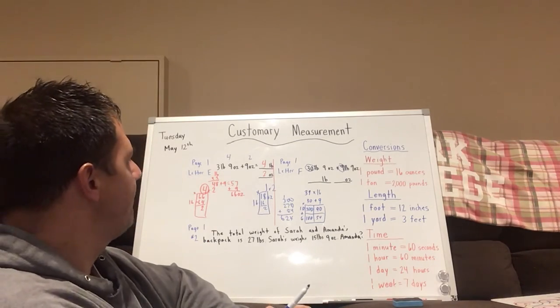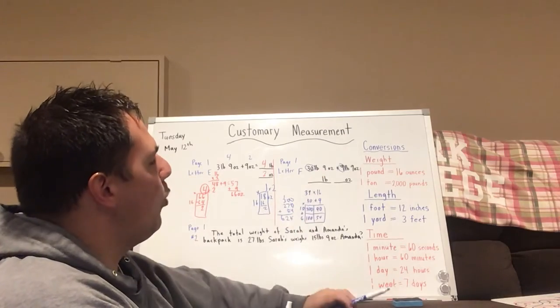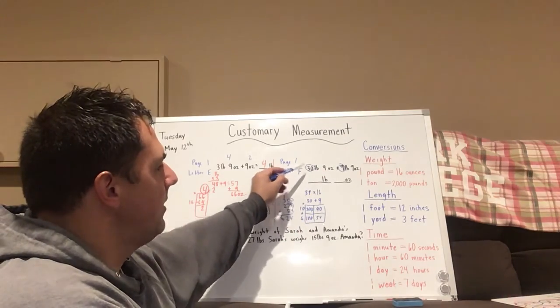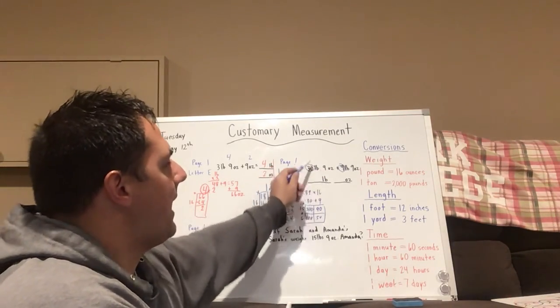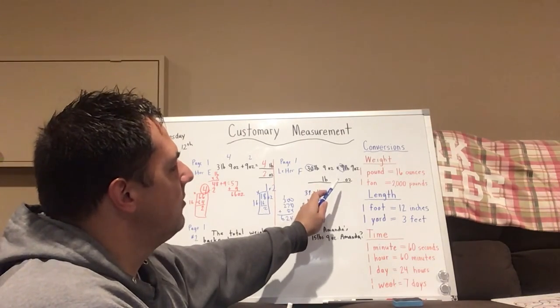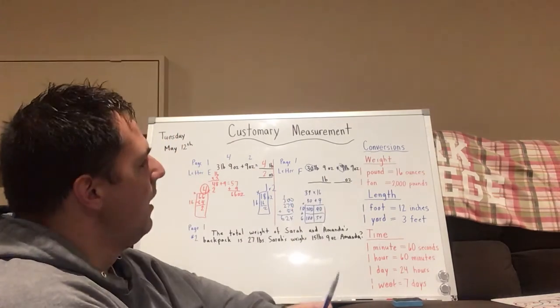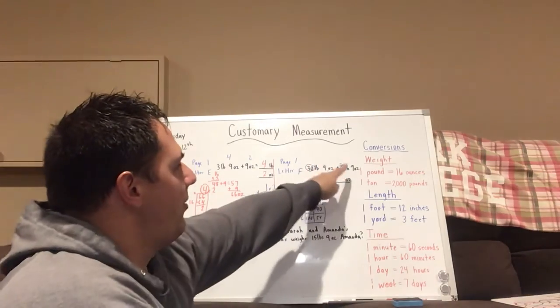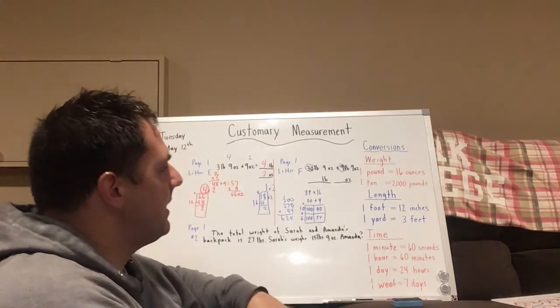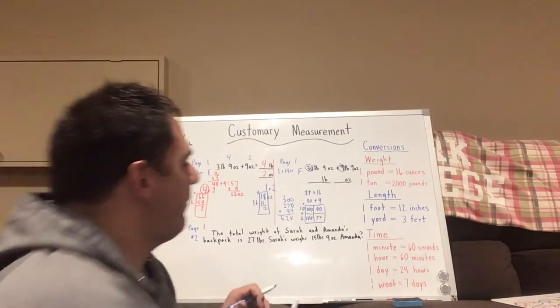So what I did here is I put the pounds together first. If you wanted to, you could have just done 30 times 16 and added that total to your 9, and then done 9 times 16, found that total, added it to your 9, and then added everything together. What I decided to do was take the total pounds, 39, multiply that by 16 to get 624.